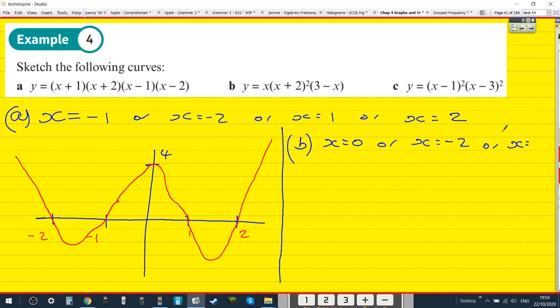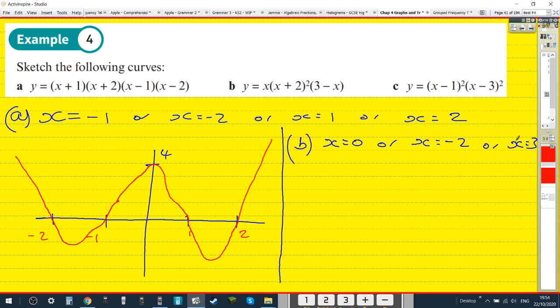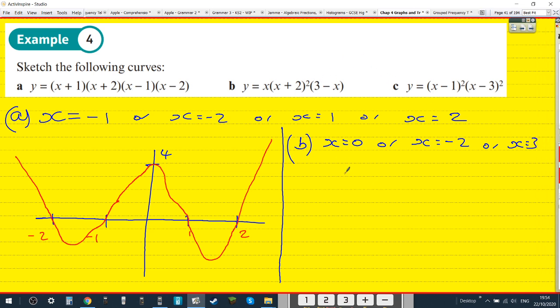So x equals 3. It's like 3 equals x. And then you work out the y-intercept.